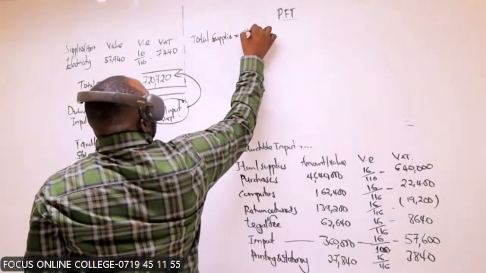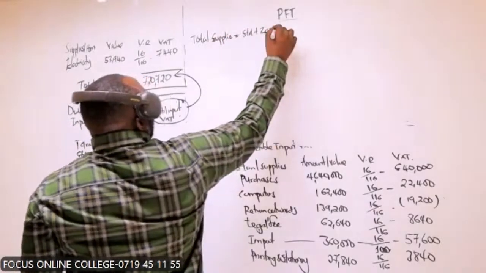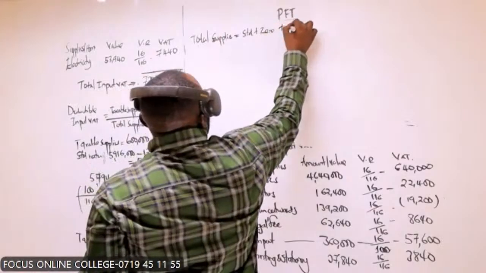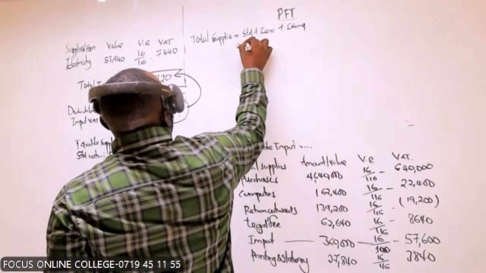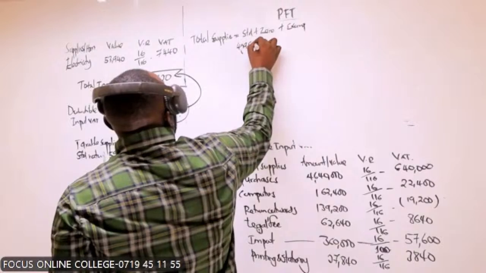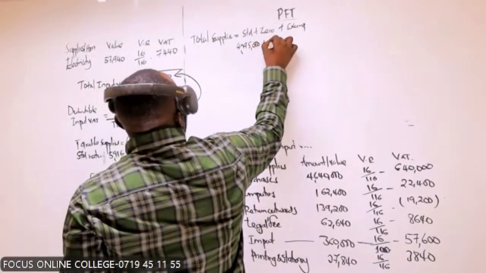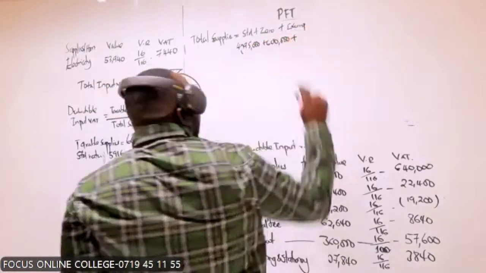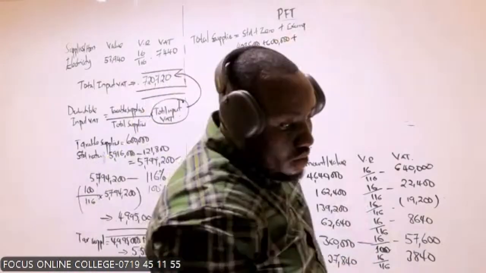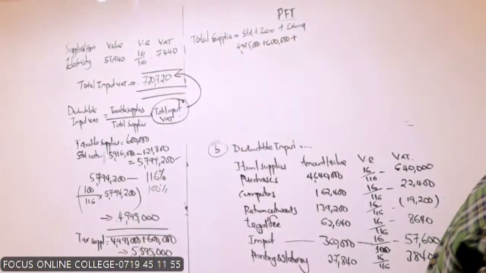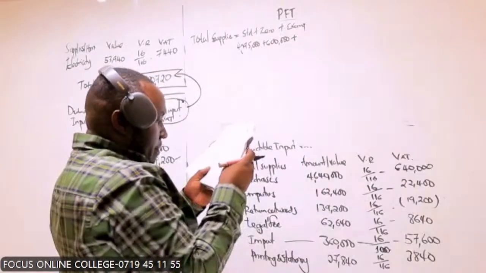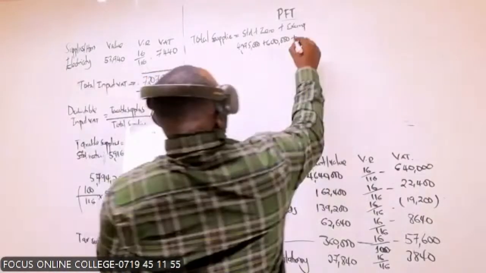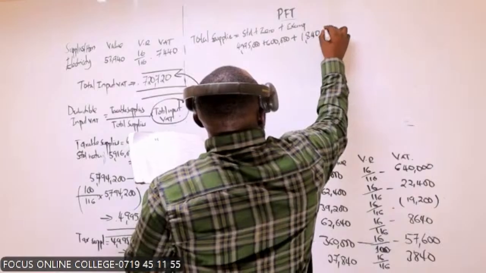Standard rate plus zero-rated plus exempt. So here we have standard, which is 4,995 plus 600. Exempt ni ngapi? Kwa swali exempt ni ngapi? Exempt ni ngapi? 1,840,000.